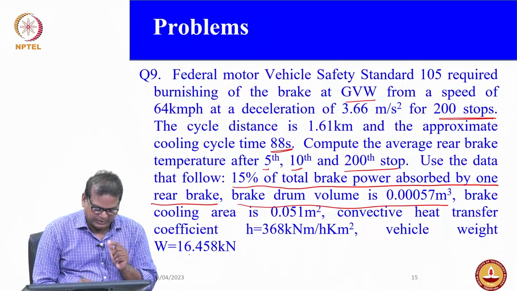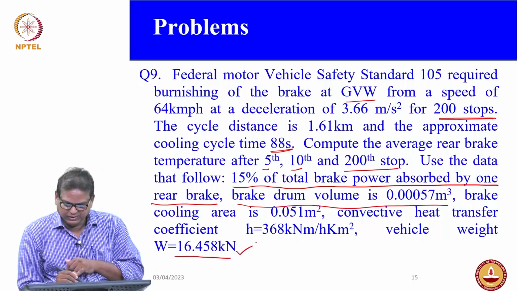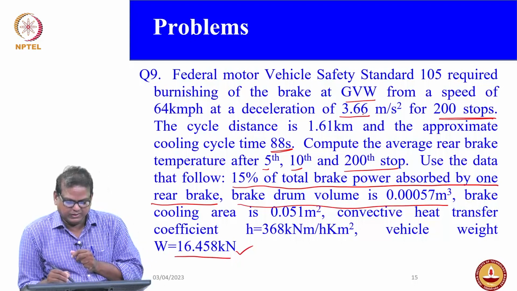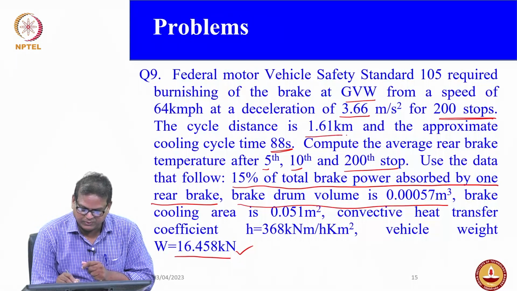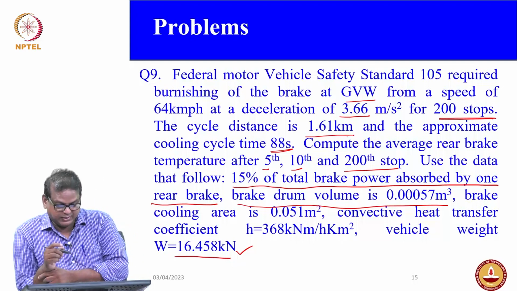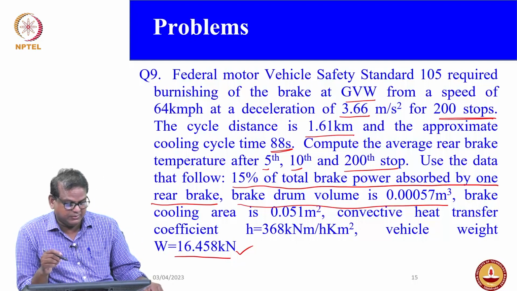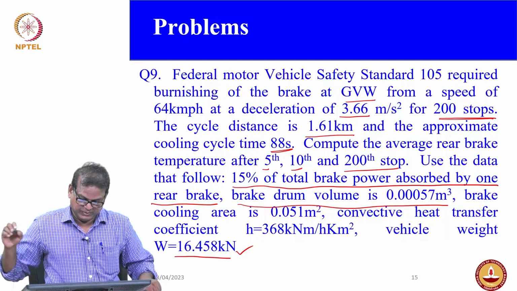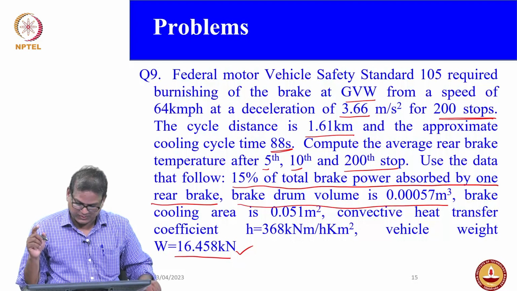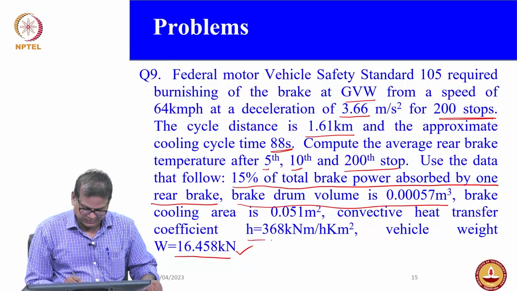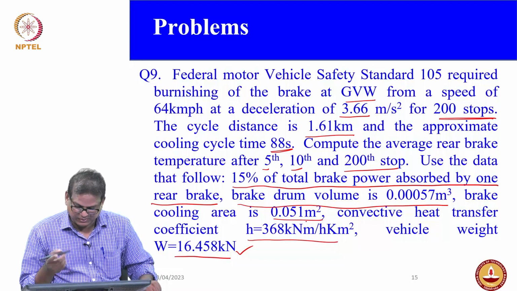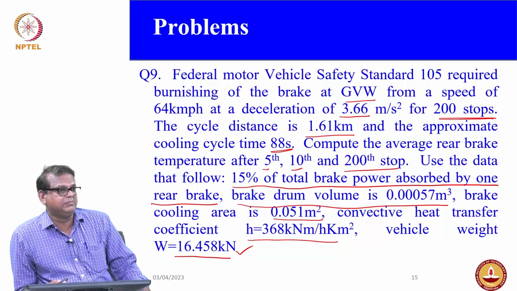The data is clearly given. The vehicle weight is 16.458 kilonewton. The deceleration rate is given, the distance is given as 1.61 kilometer, and the approximate cooling cycle time is given as 88 seconds. H is given, AR is given, VR is given. What other information is missing?